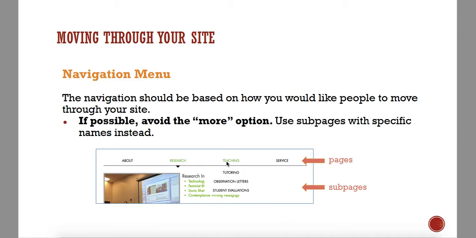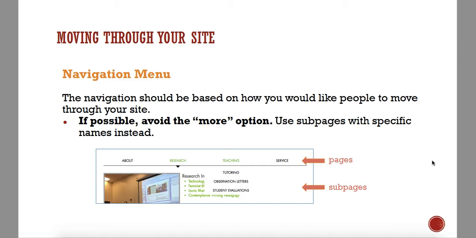When we hovered over teaching, it drops down to say tutoring, observation letters, and student evaluations. And when we hovered over research, there's a whole menu that drops down to show research in different areas. So again, this is a really helpful way to organize and include a lot of information in your website without creating a really crowded navigation menu.